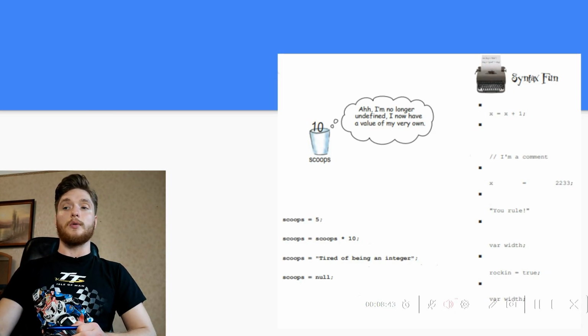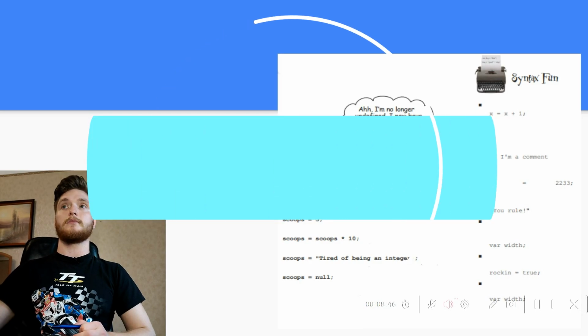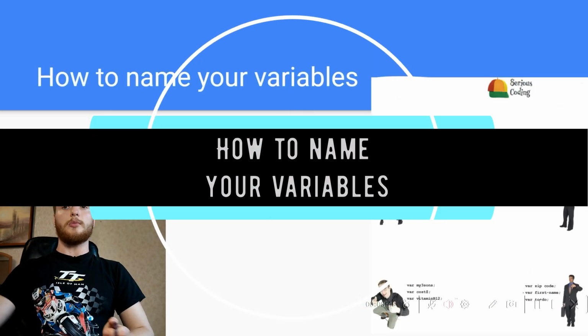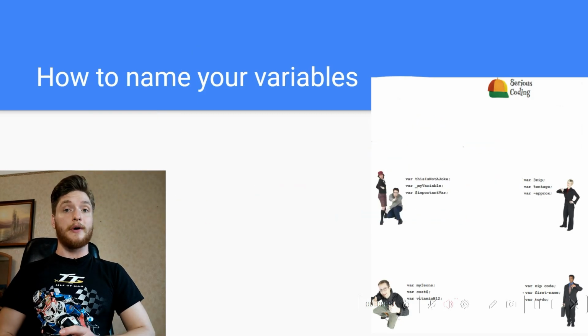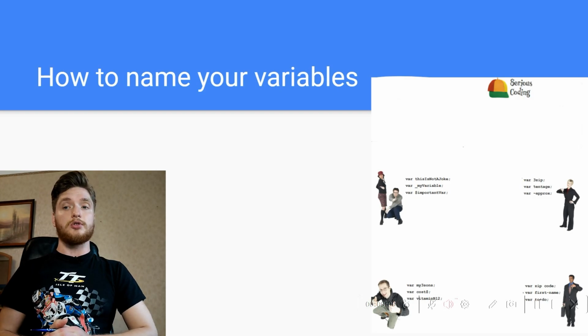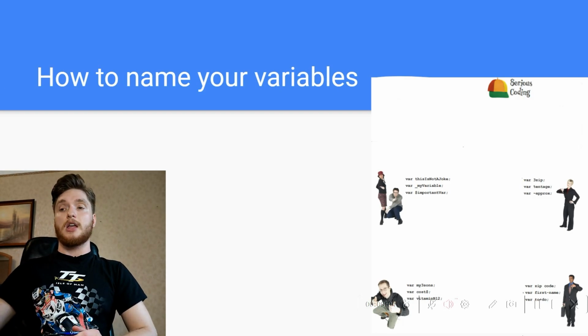How to name your variables? You might be wondering how you pick names for your variables. If you're used to naming things in your HTML elements, you'll find variables very similar. There are only a few rules for creating names. Serious coding.